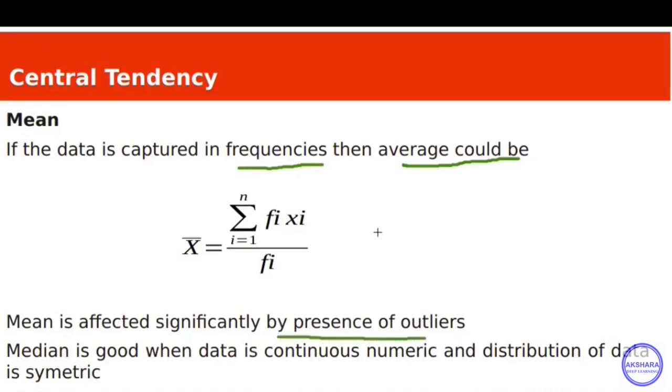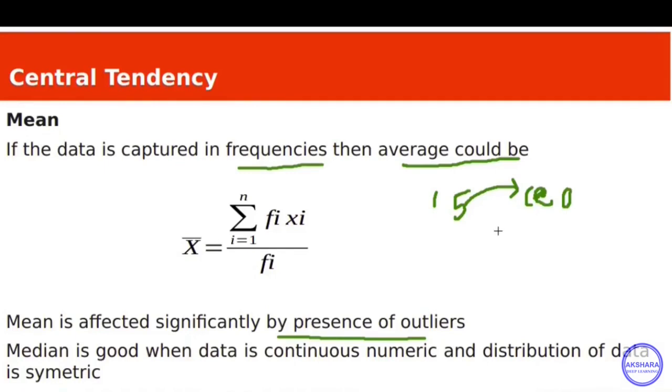Suppose you want to know the average income of employees in some organization. To do that, you take a sample of 15 employees and calculate the average income for those 15 employees. One of them is the company CEO. He might be a billionaire like Mukesh Ambani.